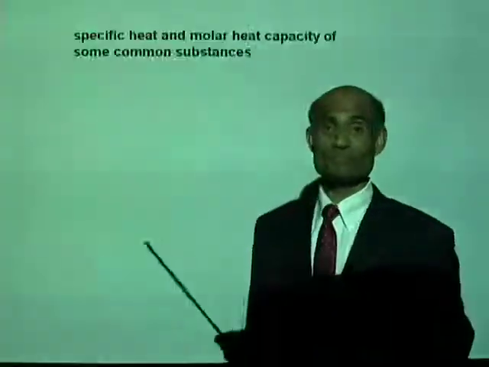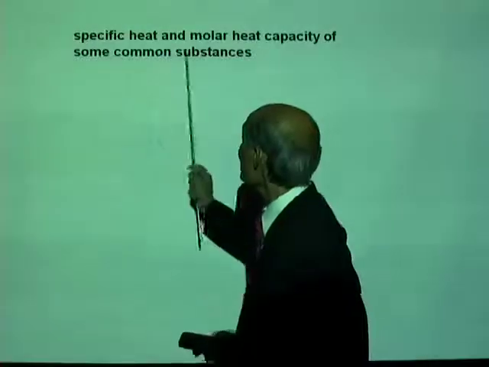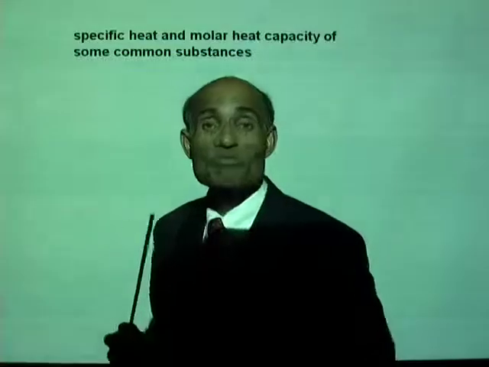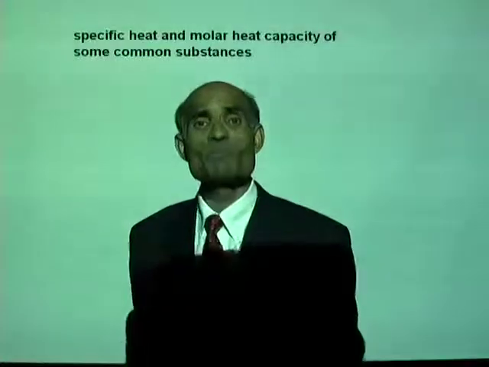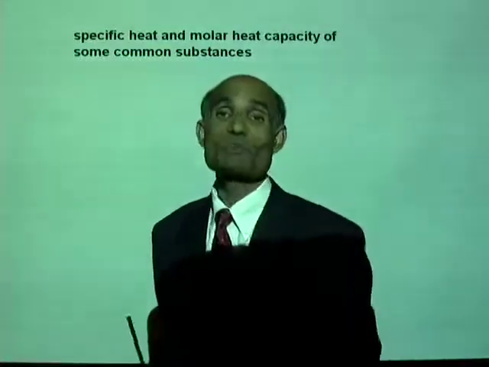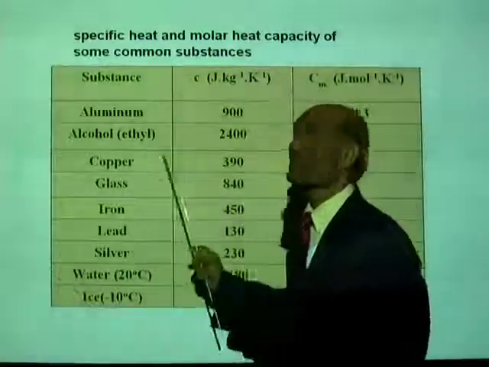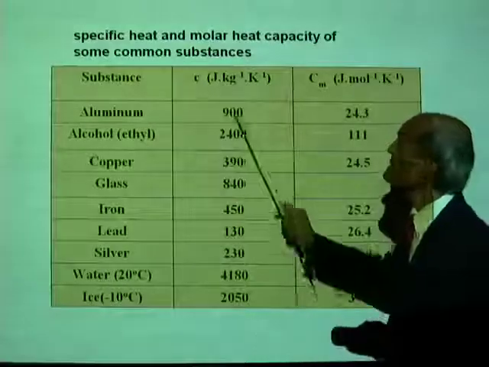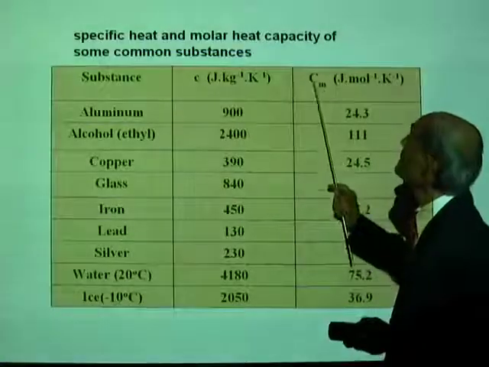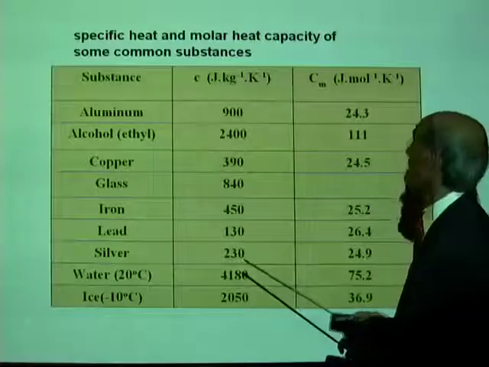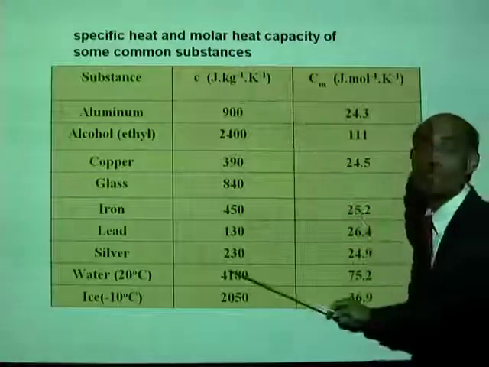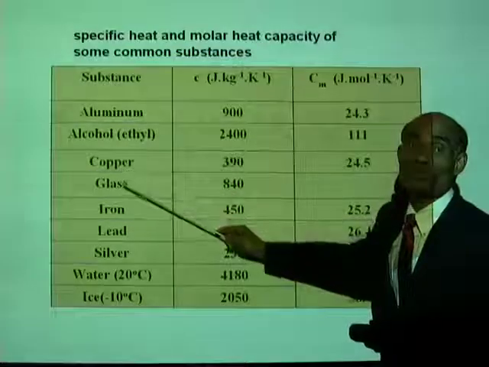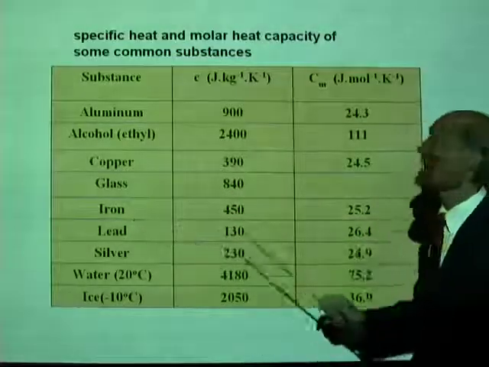Alright, specific heat and molar heat capacity: you must be familiar with some of the common values of some common materials. I have given that in this table. Here I have the specific heat and the molar heat capacity of some common materials like aluminum, alcohol, copper, glass, iron, and so on.